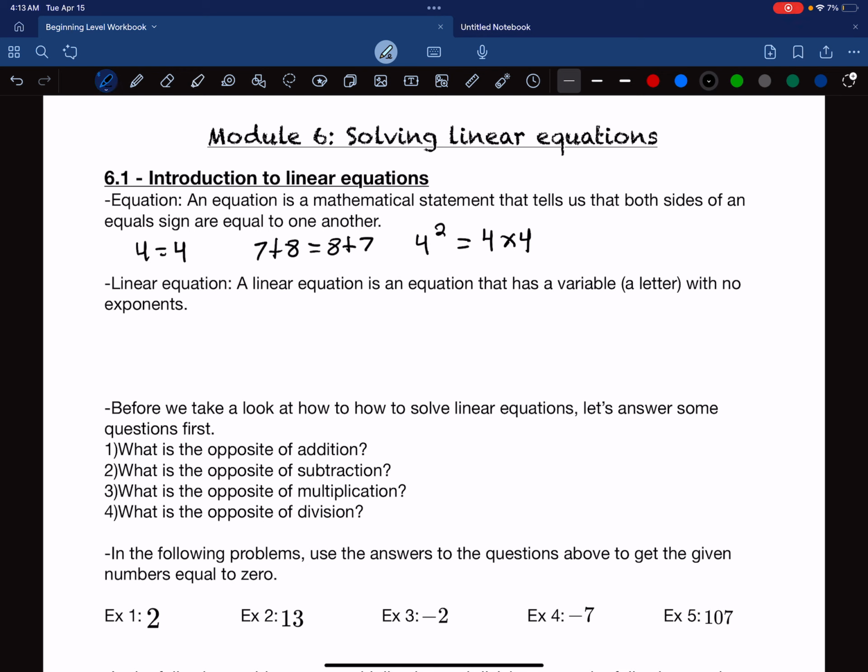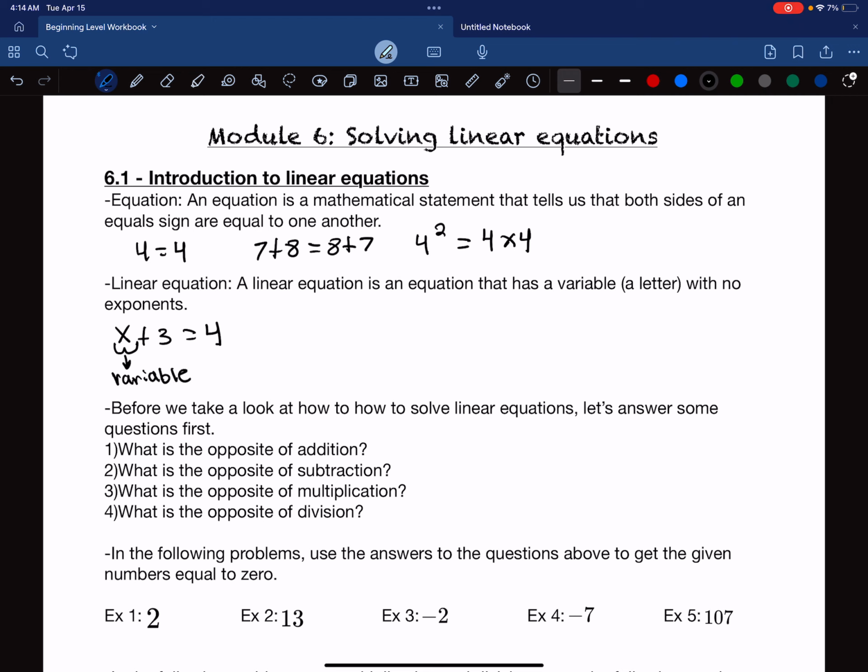But once we start bringing in letters, we will see something called a linear equation. A linear equation is an equation that has a variable with no exponents. For example, something like x plus 3 equals 4. Here, this is called a variable.